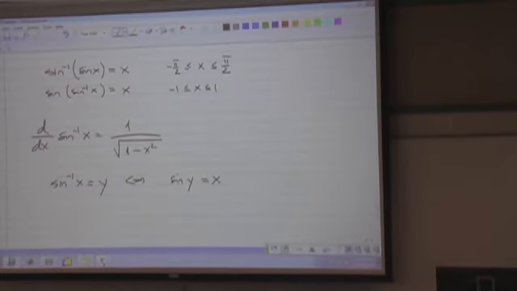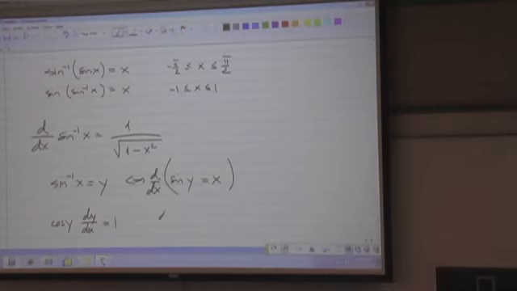Now if we take derivatives in both sides with respect to x, what do we get on the left hand side? Cosine of y dy over dx is equal to 1, right?